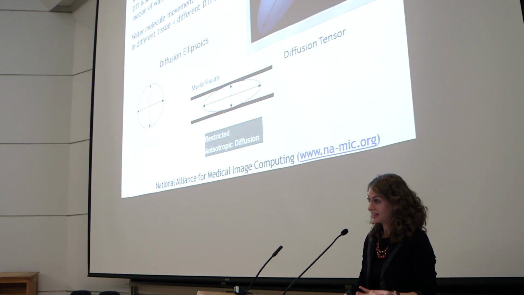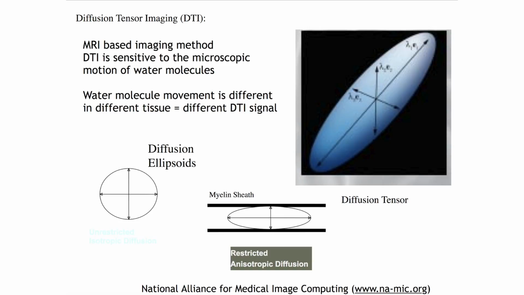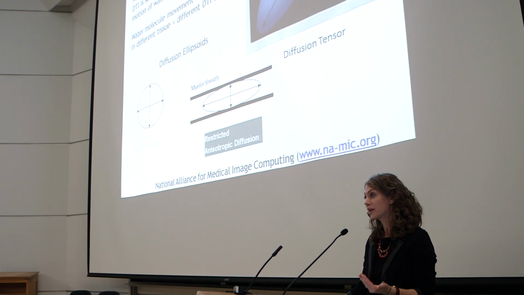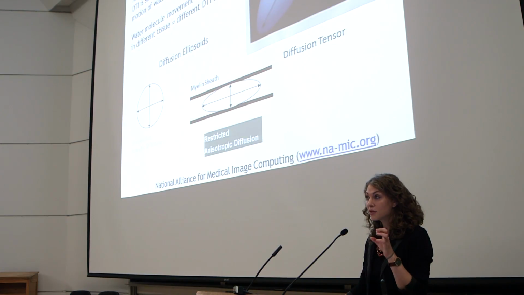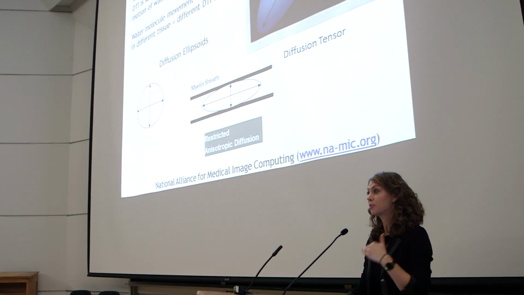And we can image this in a really cool way. We can track movement of water molecules in the brain using a type of MRI imaging, which all the families involved in brain imaging do as part of the imaging protocol. The movement of water molecules is very different in white matter as opposed to gray matter.